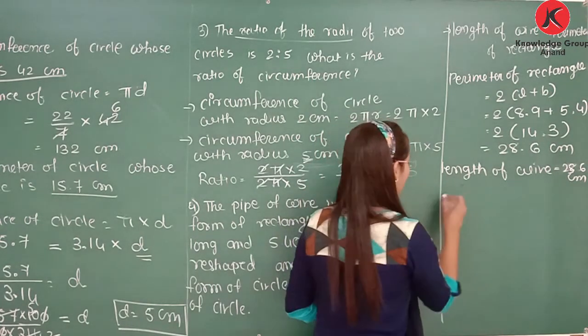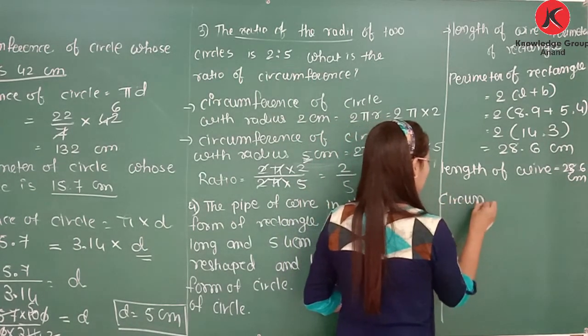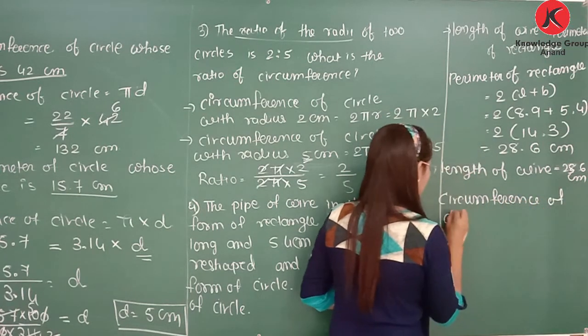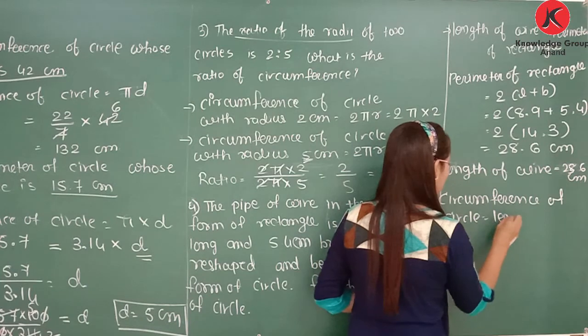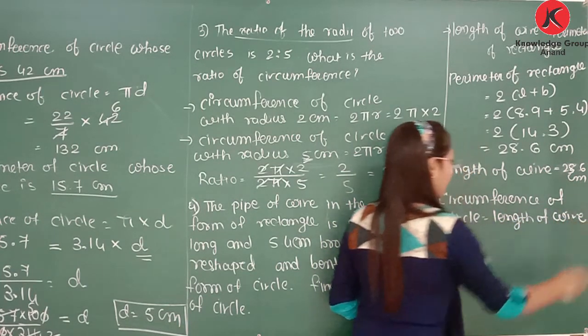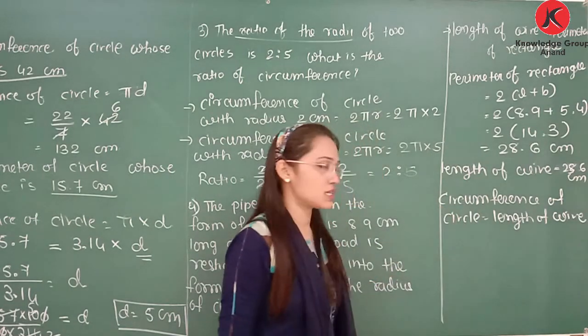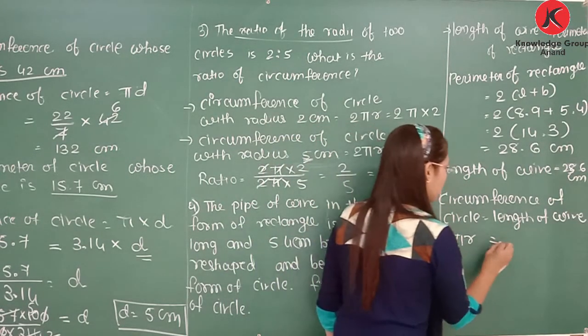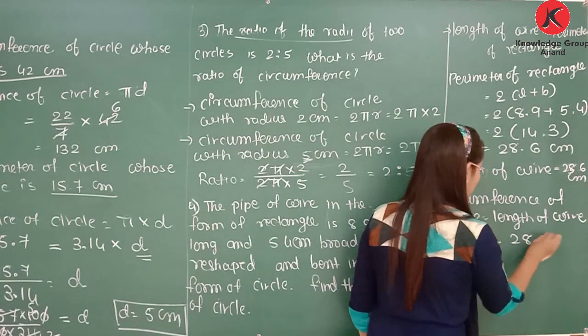So we can write circumference of circle is equal to length of wire. Now what is the equation for the circumference of a circle? That is 2 pi r. Length of wire is 28.6.